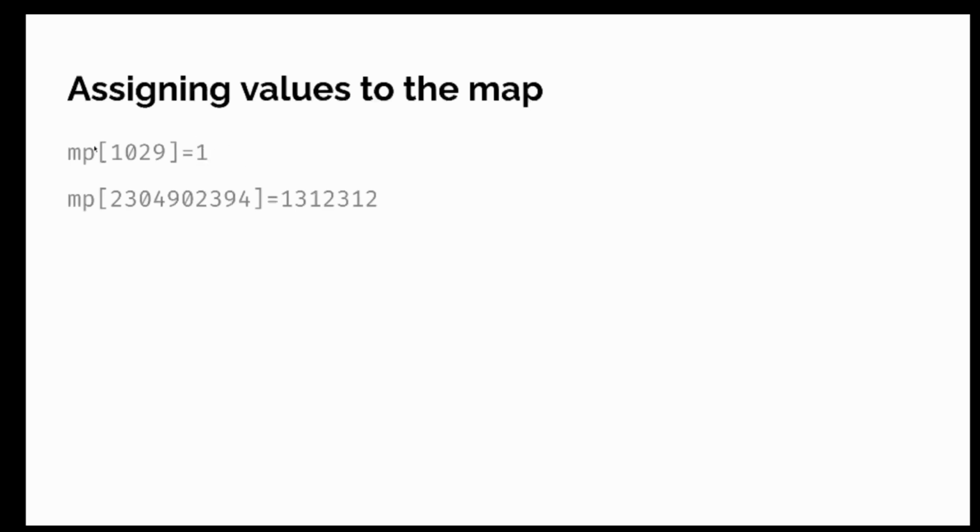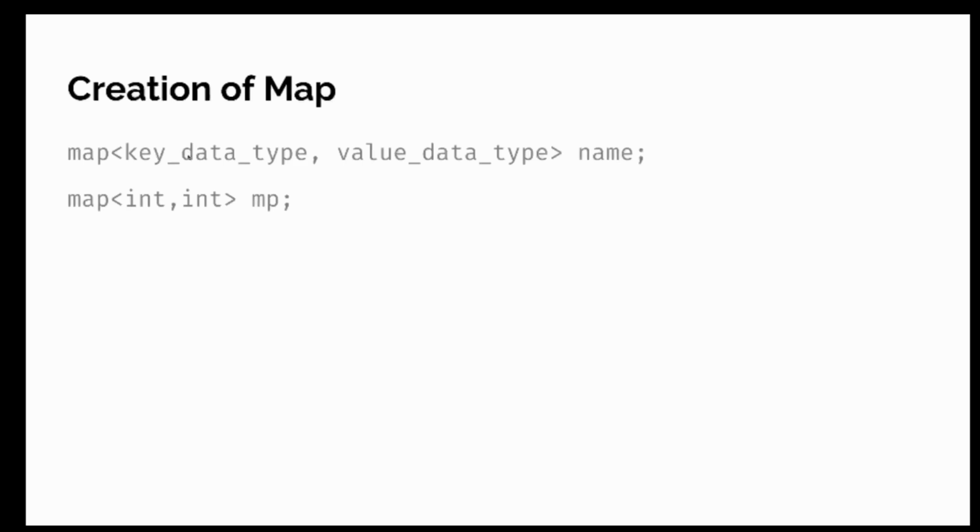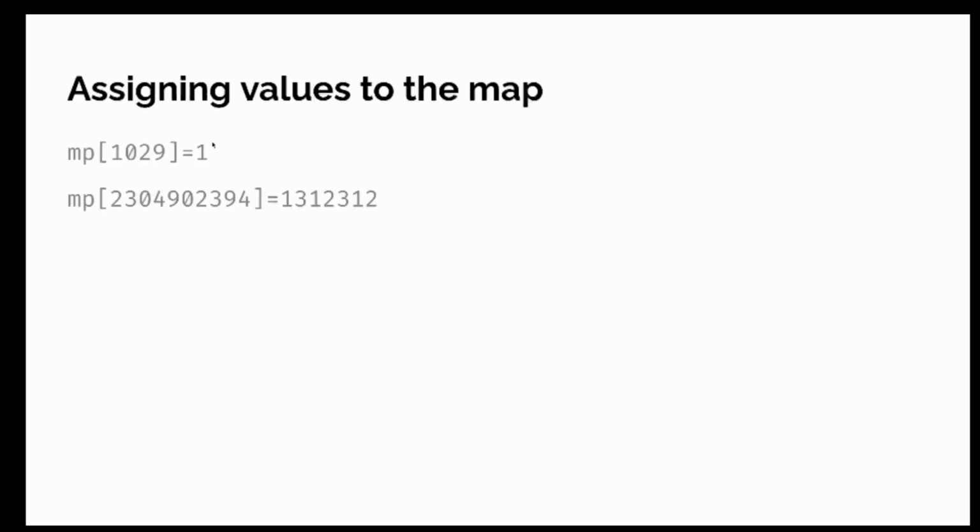That means that later on, if you say what is the value to the key 1029, it would output 1. You can do it for anything. If let's say your key type was a string, as in map string comma integer, then over here instead of 1029, you would probably have a string like hello equals 1.